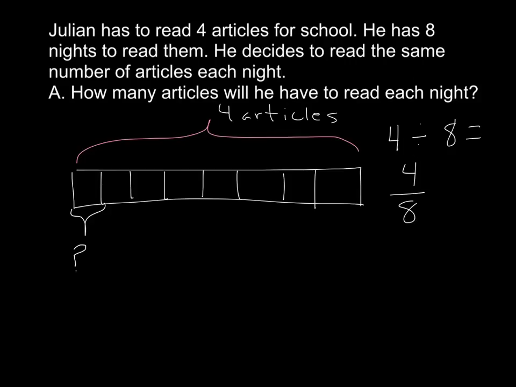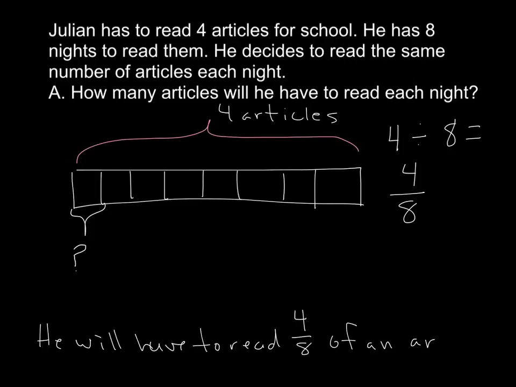So we know that he will have to read 4/8 of an article. Now here's the interesting part of this problem. It would certainly not make sense for him to read any random 4/8.